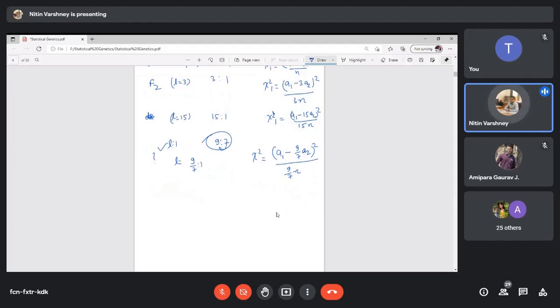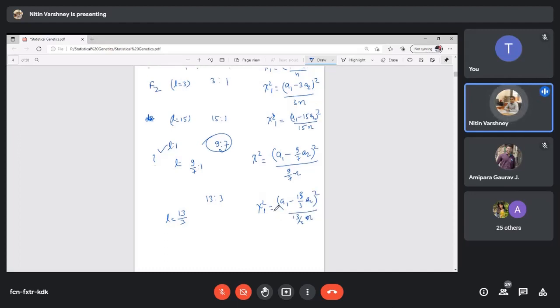Okay, now if the ratio is 13 is to 3, it will be 13 by 3 L. So chi square will be (a1 minus 13 by 3 a2) whole square upon 13 by 3 n.